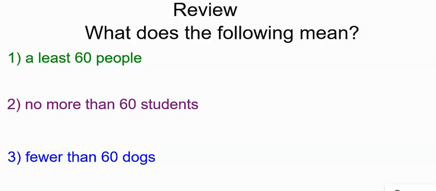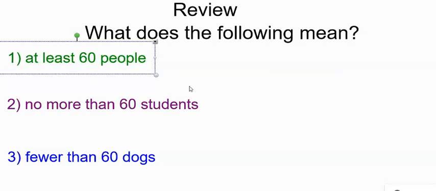So with that, it says at least 60 people. If I say there's at least 60 people in this classroom, or in your workplace, or at home, or in a coliseum or movie theater, what does that mean?